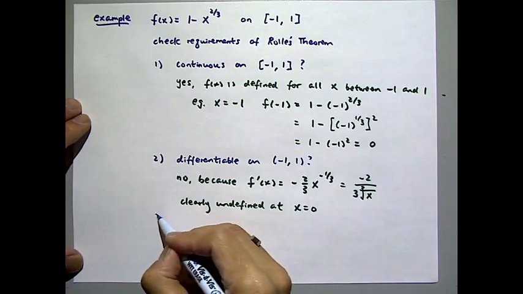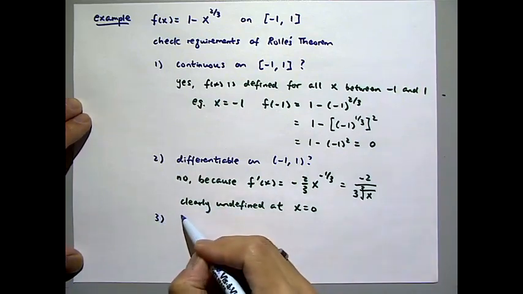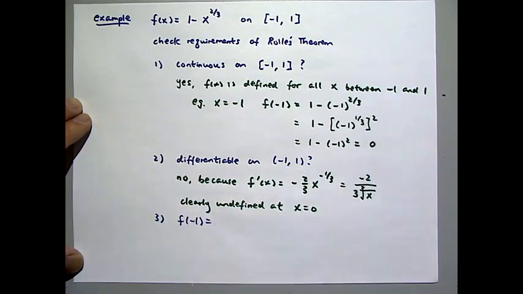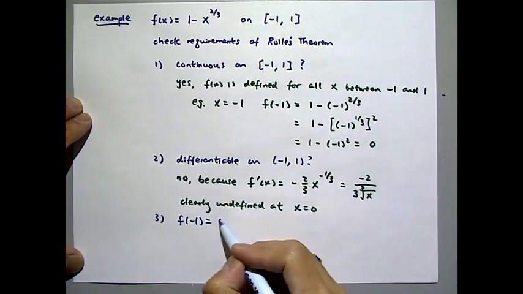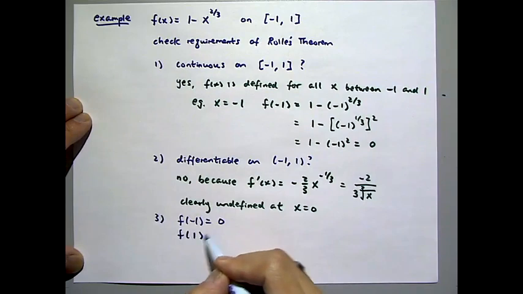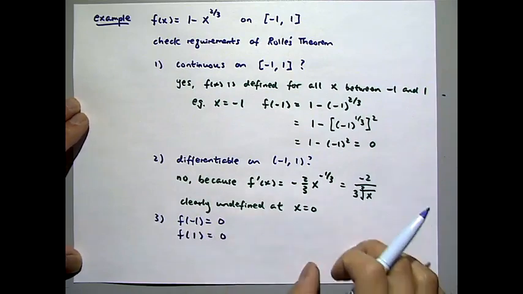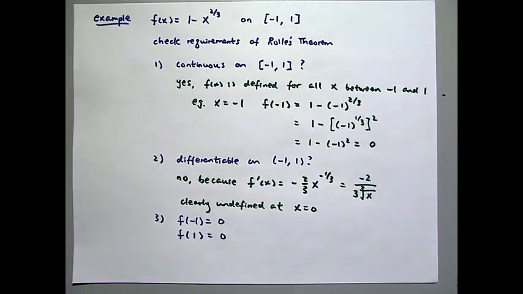The third requirement really is irrelevant, but we'll check it anyway. At minus 1, it's 0, of course. At 1, it's also 0. But it's irrelevant.